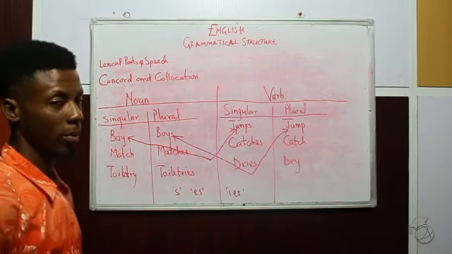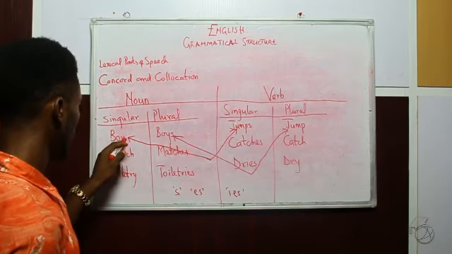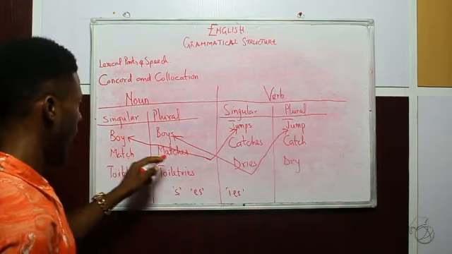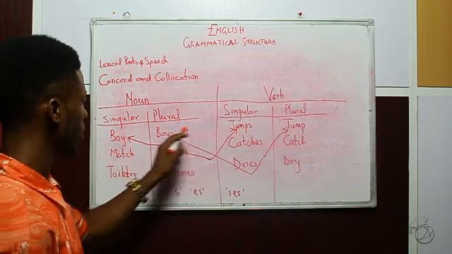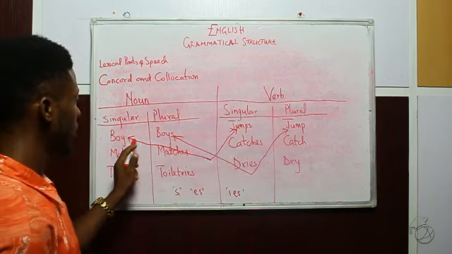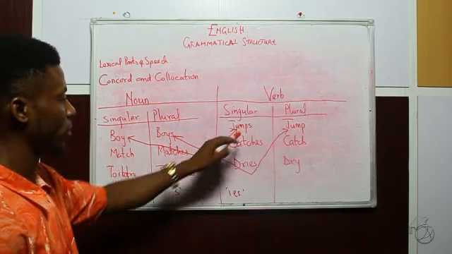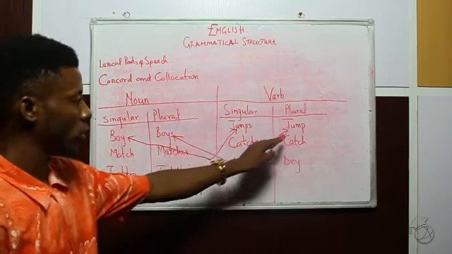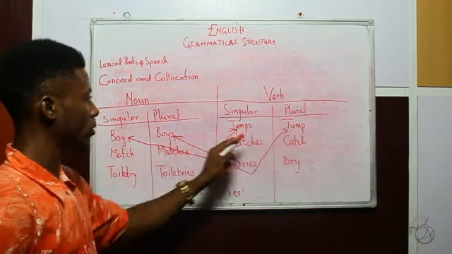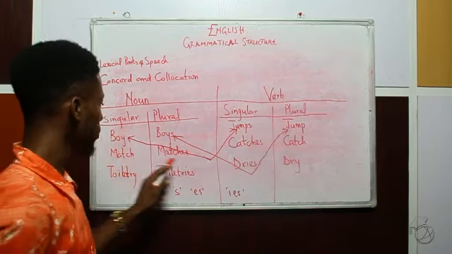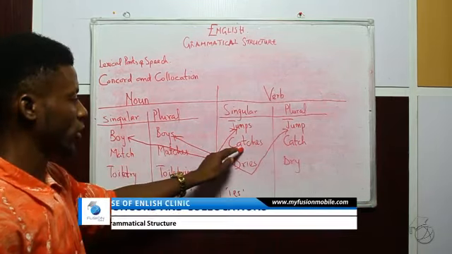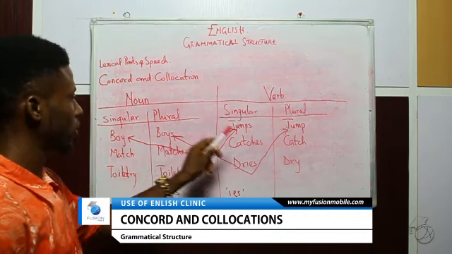The illustration above on the board says boy, the arrow points to jumps. Boy jumps, singular noun, singular verb. Boys jump, plural noun, plural verb. Match catches, singular noun, singular verb.